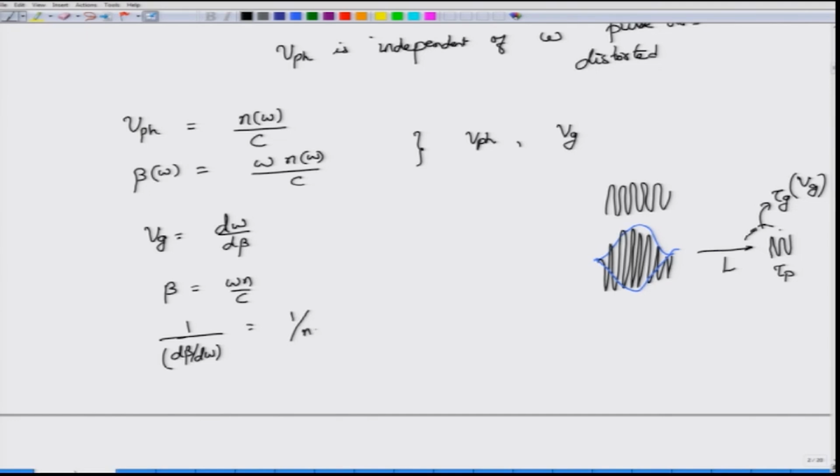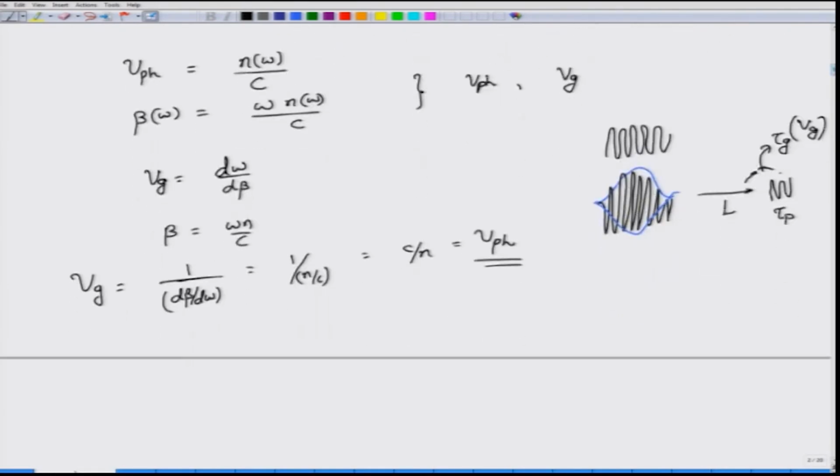So, 1 by n by c is nothing but c by n, which is simply equal to the phase velocity of the medium. So, in the case when beta is equal to omega n by c and n is independent of the frequency, c is just the speed of light, then group velocity Vg will be equal to phase velocity, and this is the reason why the envelope also arrives at the same time. So, group delay and time delay are equal.